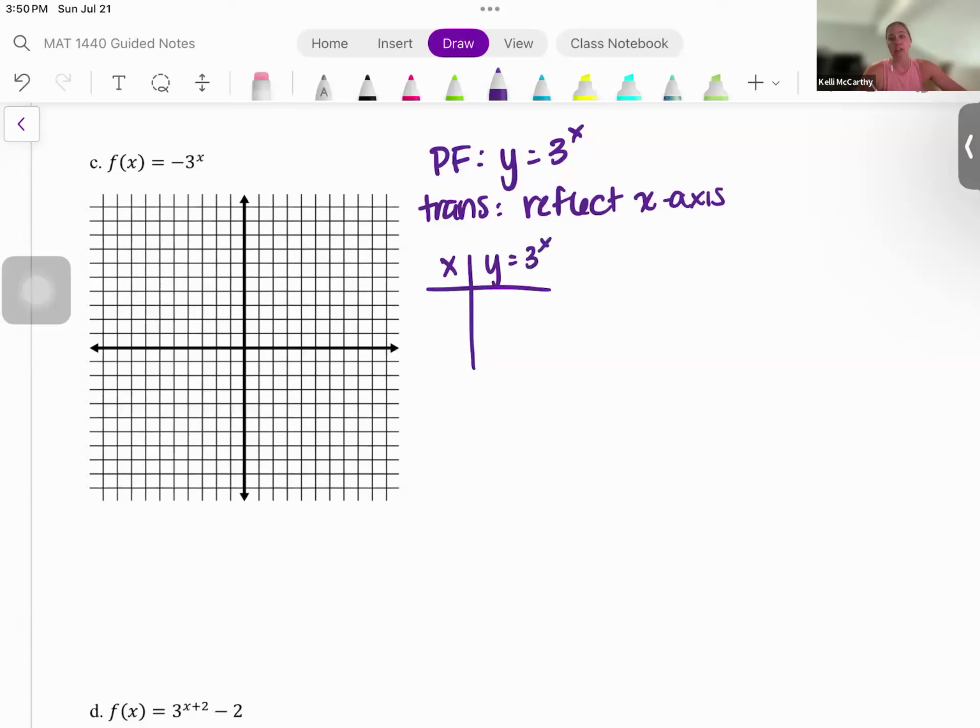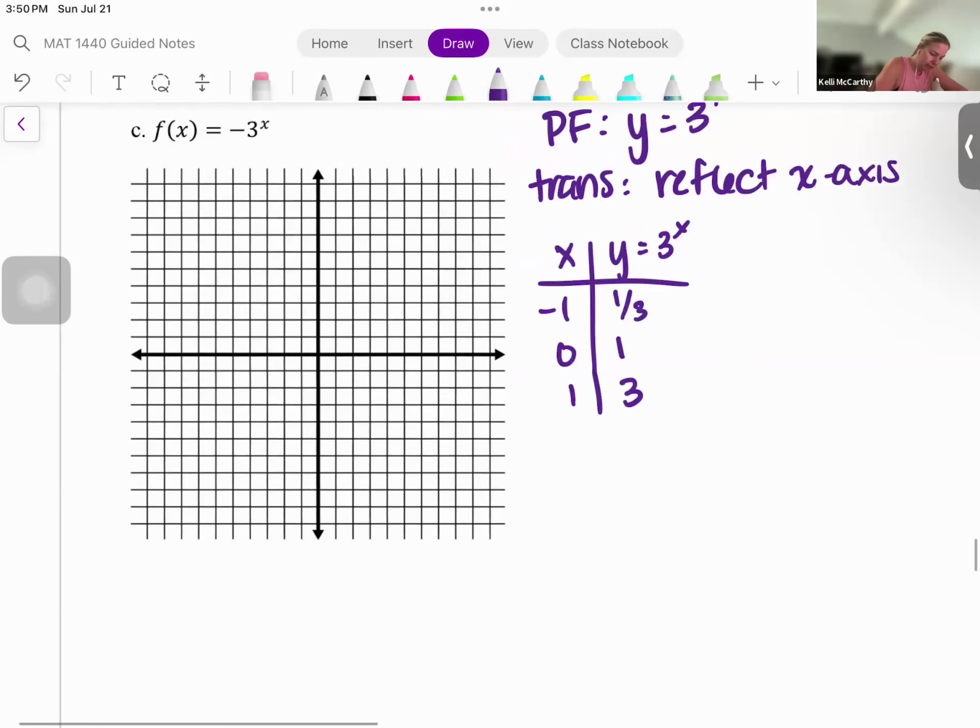For our table of values, we're going to create a table of values for that parent function. So we're going to use -1, 0, and 1 for x. 3 to the -1 power is 1/3. 3 to the 0 is 1. 3 to the first power is 3. So I'm going to start by plotting my parent function.